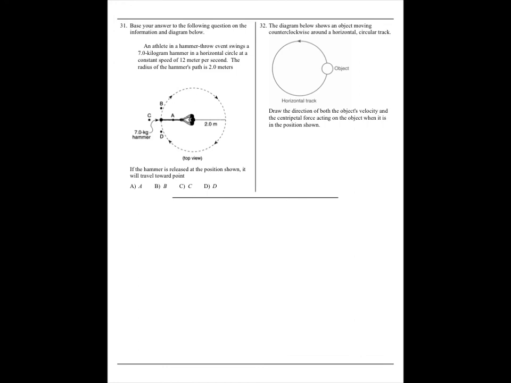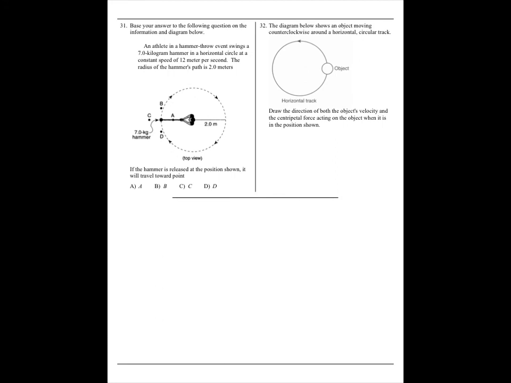Anyway, here we have the hammer being released at the position shown. Which point will it travel? We're moving in a clockwise fashion. Swinging, swinging, swinging, then it's going to release. When you release at a certain point, the object moves in a tangent straight line.